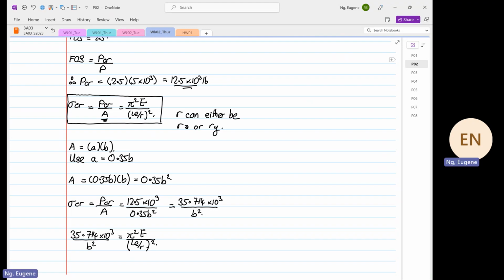So now the dilemma is which LE over r to use, right? So we have two expressions.